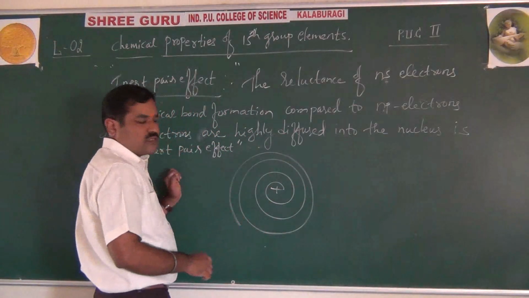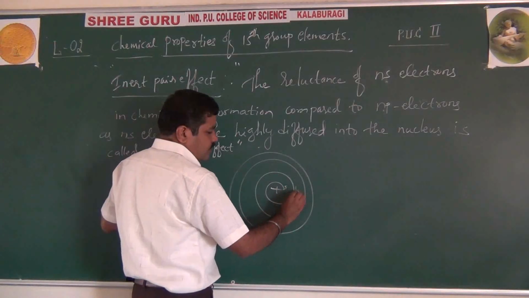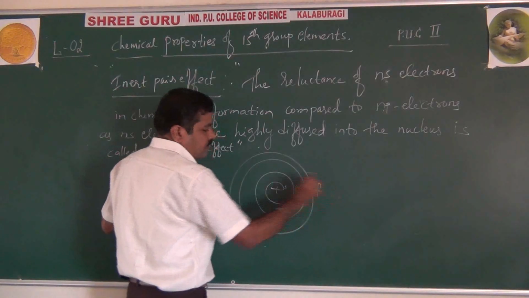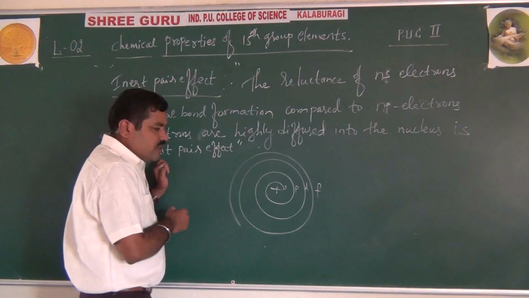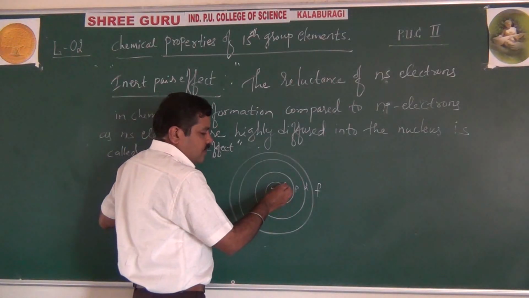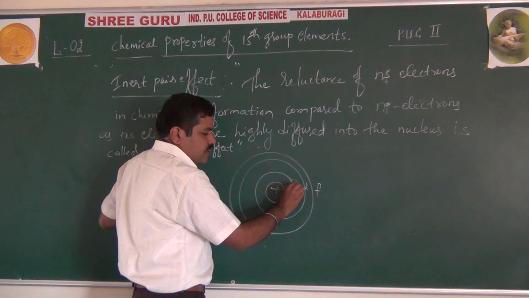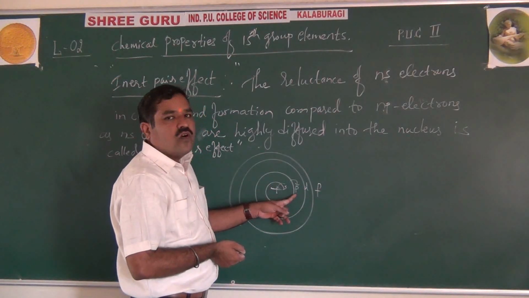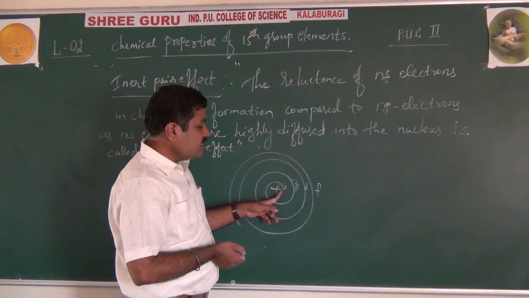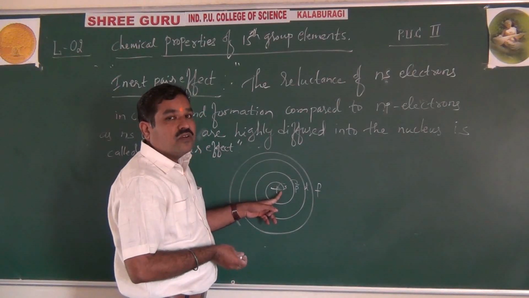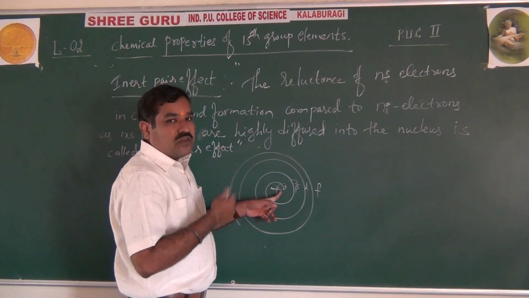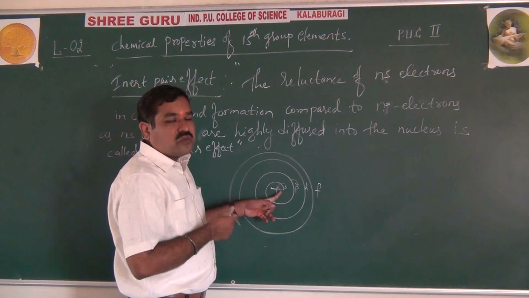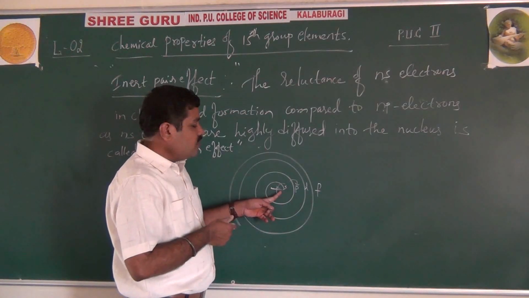In atomic structure you study S, P, D and F electrons. Which are nearest to the nucleus? S electrons. Therefore, they are highly diffused compared to np. This means they are involved in chemical bond formation, but less important. They do not show reluctance, meaning negligence, do not show any response or interest towards chemical bond formation. Why?